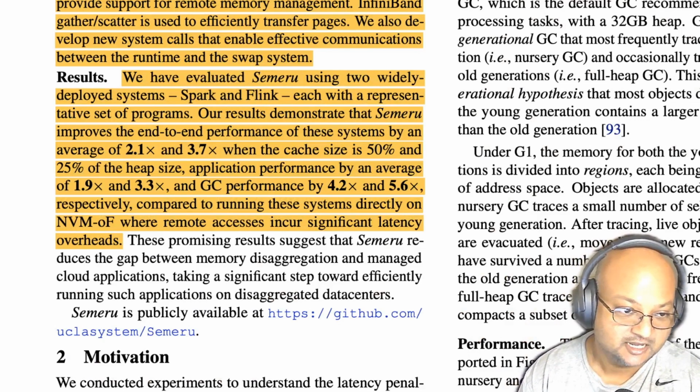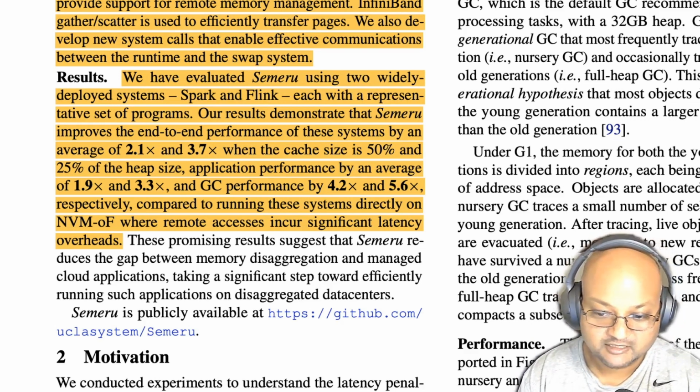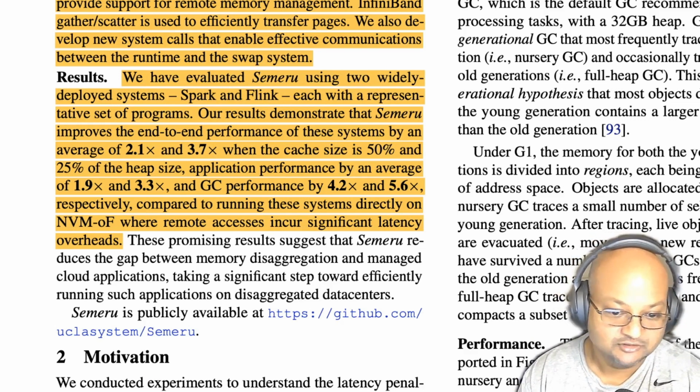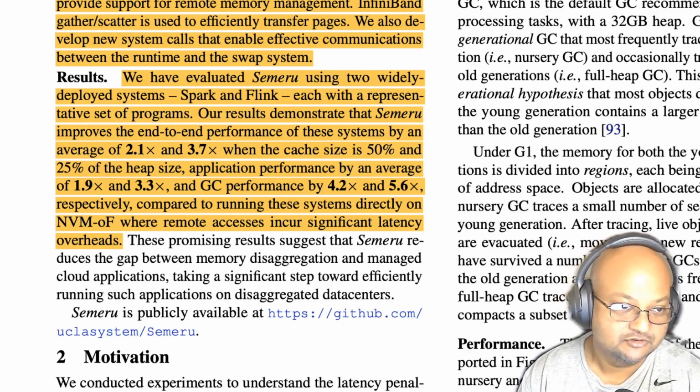And the baseline is to use an architecture where these systems talk directly to remote memory using NVMe over the fast network. And this is where reading remote RAM happens very frequently, and it gives you a very high latency penalty.